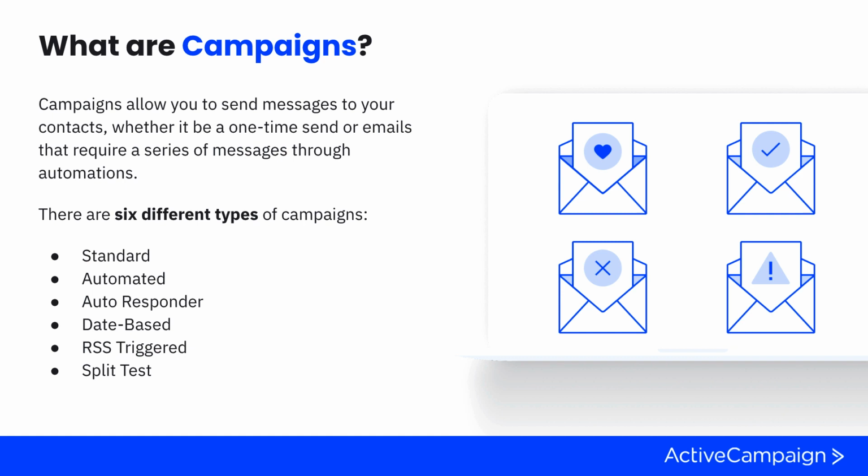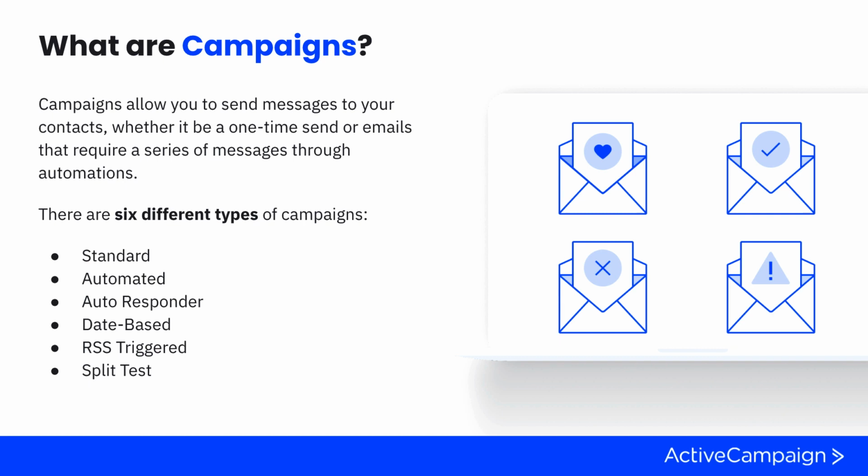Today, in our example, we'll focus on our standard campaign, but just note there are 6 different types of campaigns. Your automated type of campaign will take you straight to the automation builder. Your autoresponder will trigger as soon as somebody subscribes to a list. Your date-based trigger will trigger when somebody meets the condition of a date that they've given you, versus the date within your campaign.